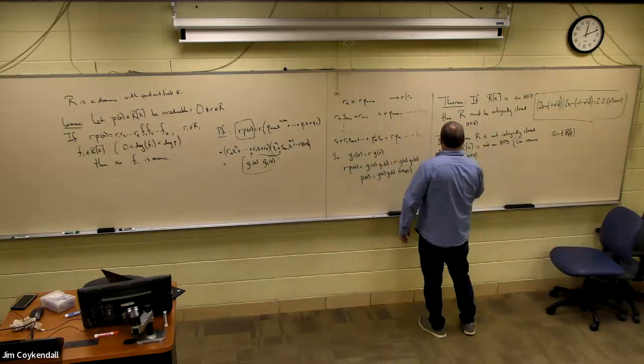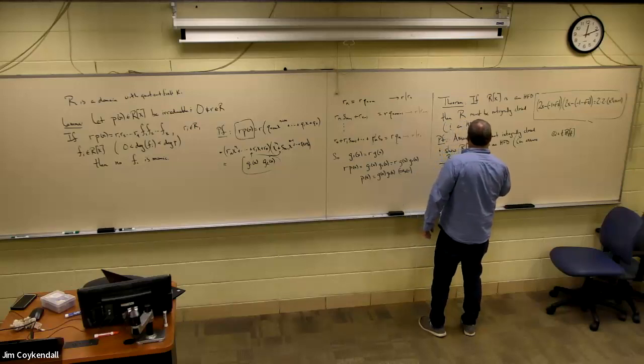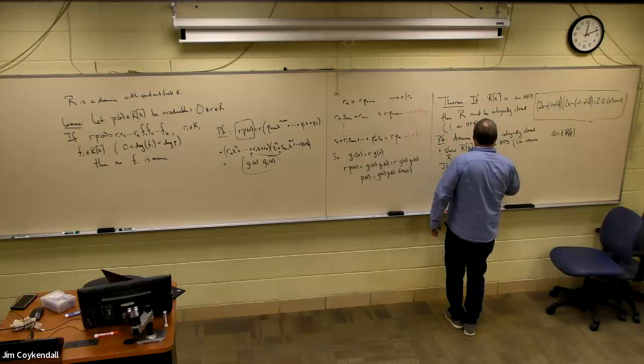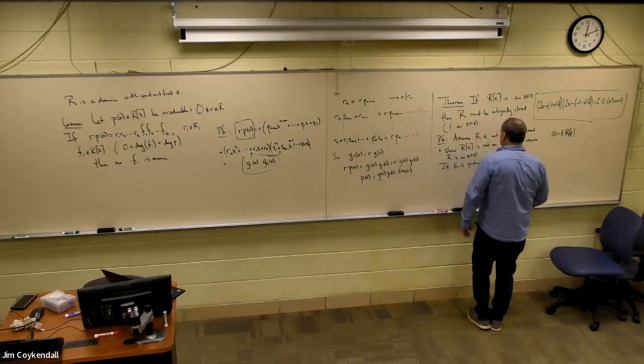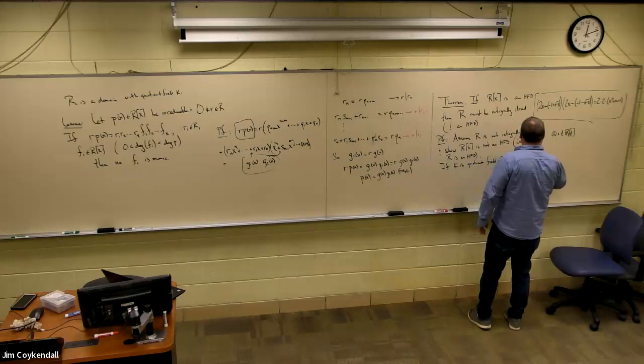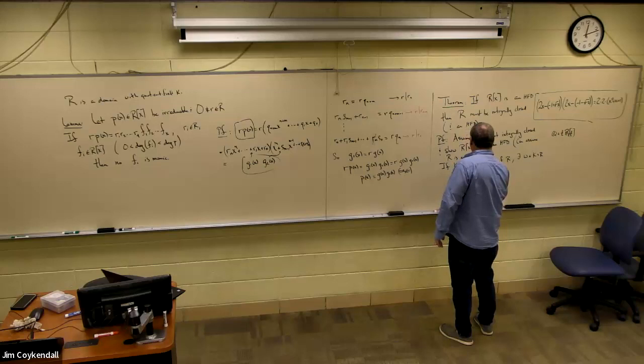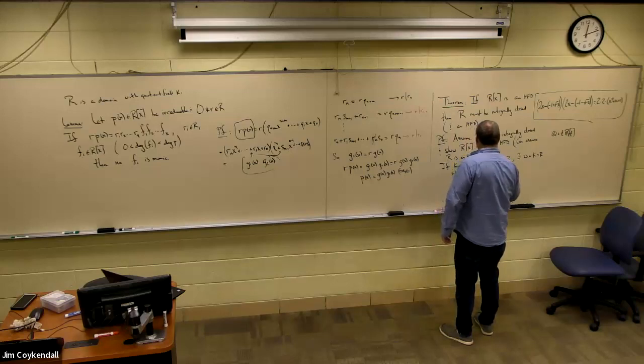So K is the quotient field of R. There exists omega in K minus R such that omega is integral.